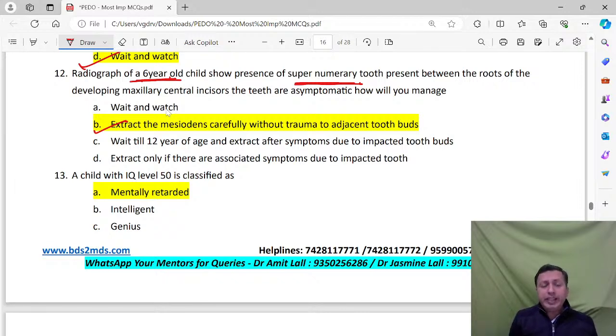No need of waiting, because that will act as an obstruction in the eruption of the incisors, or it can cause malocclusion in the future when the permanent teeth erupt, and then we need to go with a fixed orthodontic treatment. So once you have diagnosed the presence of a mesiodens, go for the extraction.